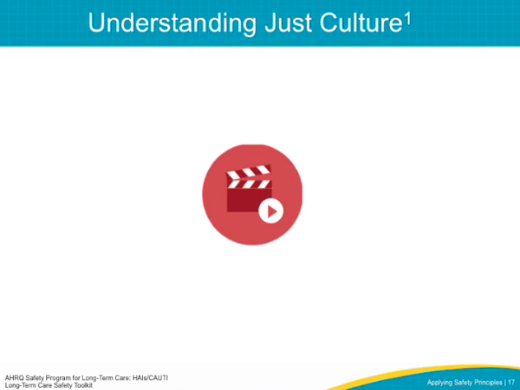A just culture environment reviews both the way the system is designed and an employee's choice of behavior in response to their assigned duties. It investigates events or safety concerns and determines an appropriate course of action with the employees involved. Just culture principles are crucial to the shared accountability necessary for resident safety and quality improvement programs to be successful.